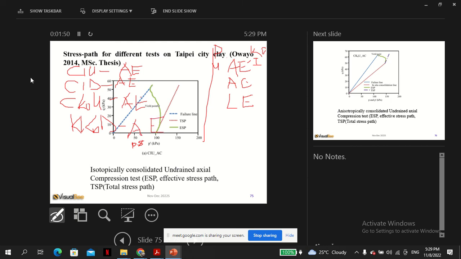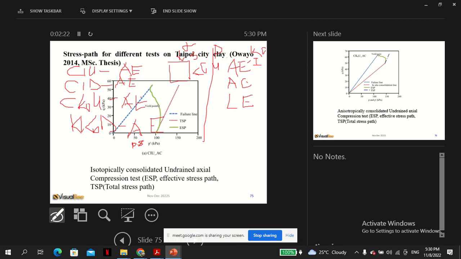And what does that mean? Isotropic consolidated means during the consolidation part, you have a uniform stress, which is the same sigma 3, sigma 3. And when you are doing the shearing, you close the valve for undrained. CID means the consolidation is isotropic, and during the shearing, you open the valve. AE is basically sigma 3 is more than sigma 1, so there's axial elongation.